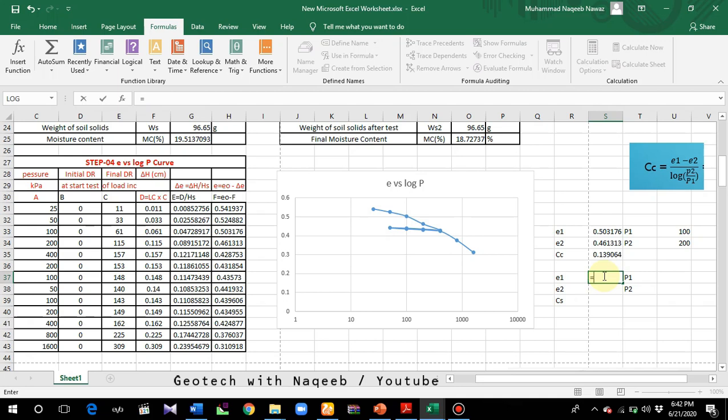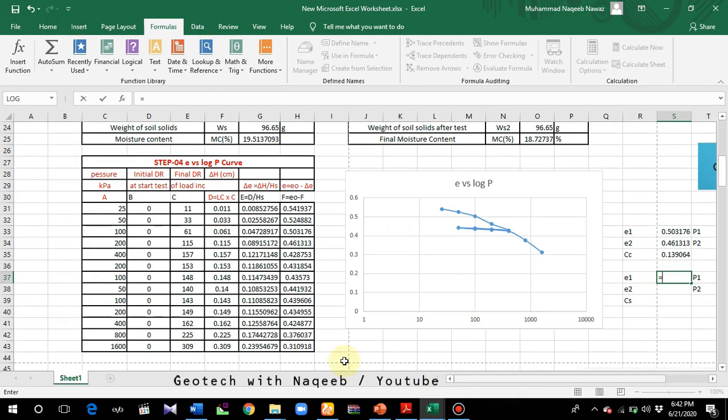If I apply the formula for unloading, here you can see the unloading, I will select this value for 100, and then for 200, I will be selecting 200 here.